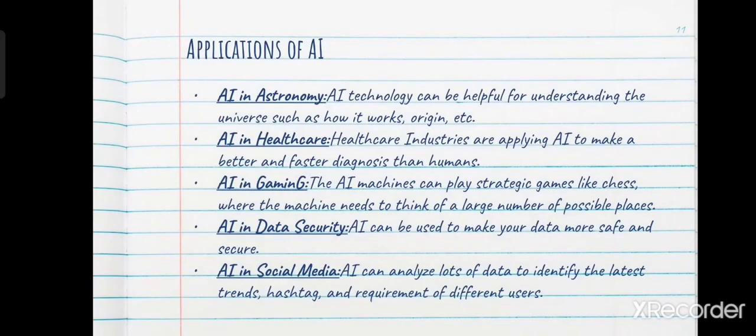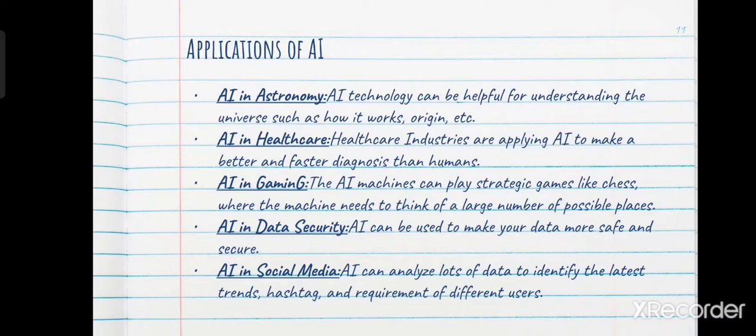Application of AI, that is AI in astronomy. AI technology can be helpful for understanding the universe, such as how it works, its origins, etc. In olden days, it was complex to understand the workings of a star. But nowadays, artificial intelligence has made it easier and made us understand the problem much more clearly.